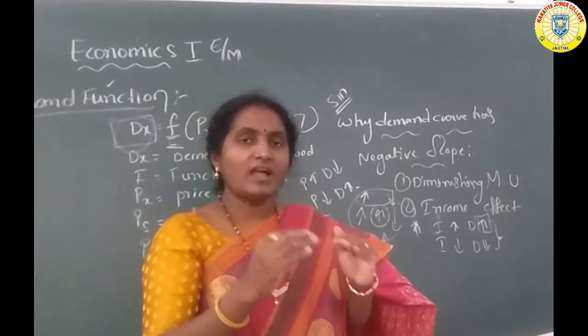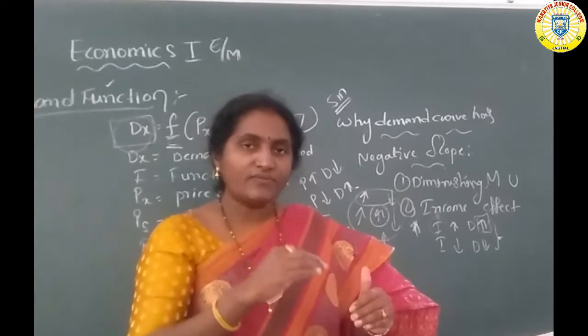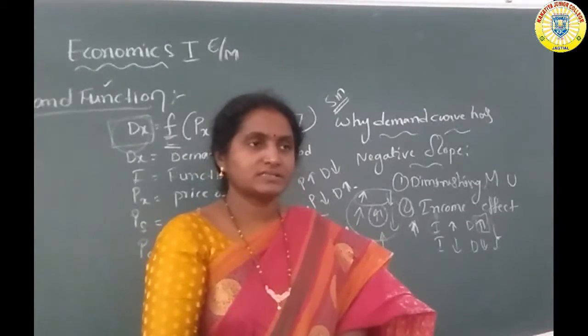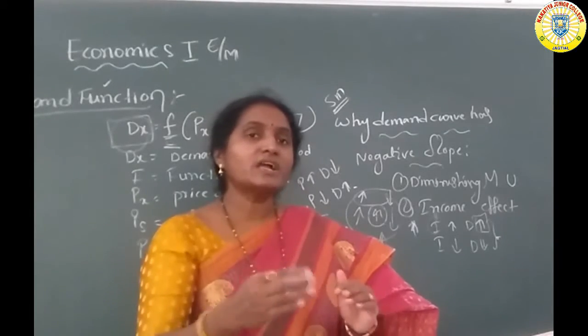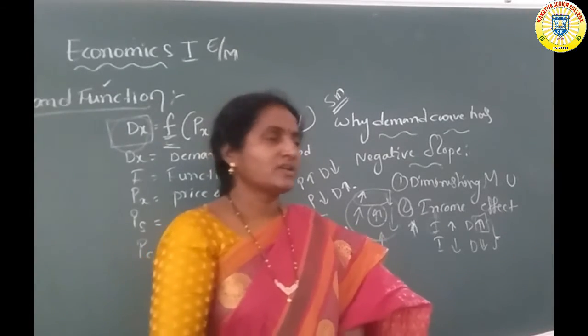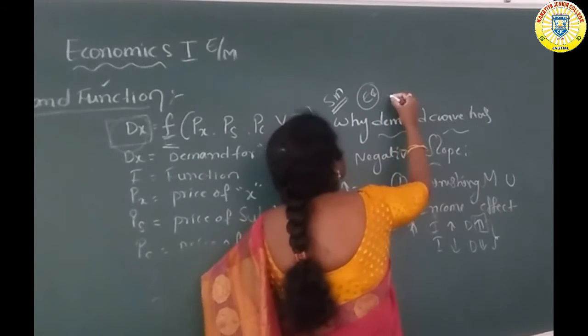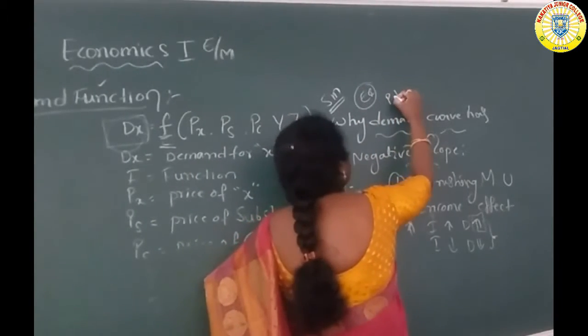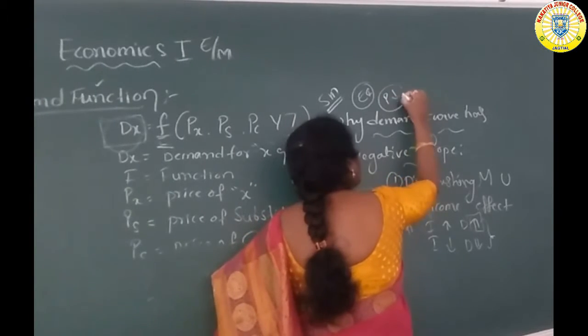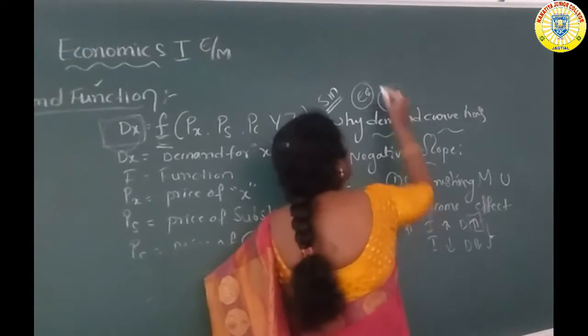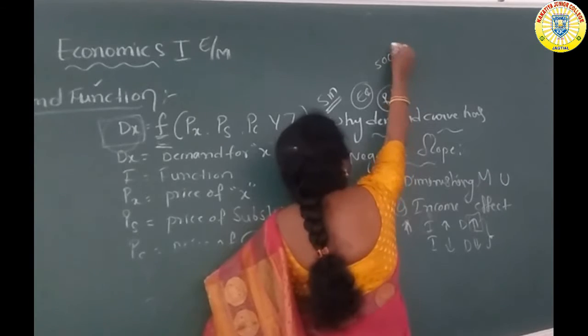When the price level of different goods falls in the market, the real income of the consumer increases. Why? Listen to one example. The price level of different commodities falls in the market. The consumer's income is 5,000 rupees.